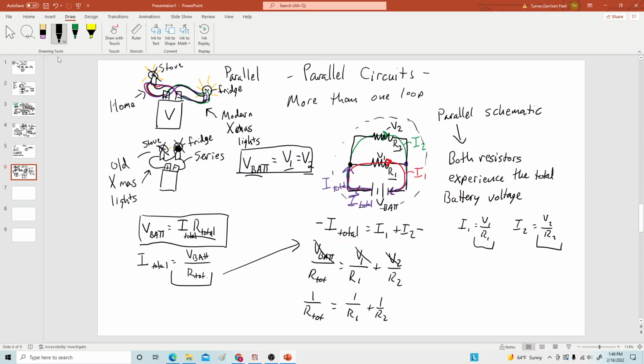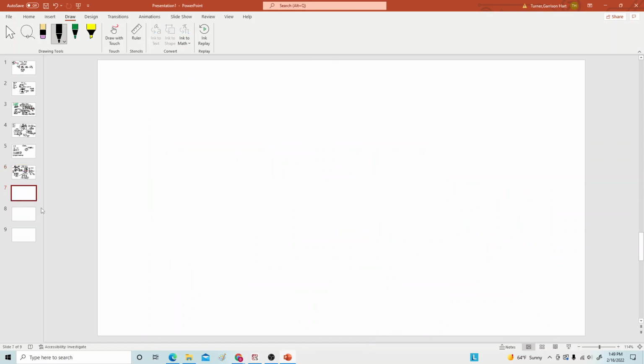And if you had multiple resistors in here, it would just continue in this pattern. So this is the general formula when you have resistors in parallel. They add reciprocally. They add as their reciprocals.